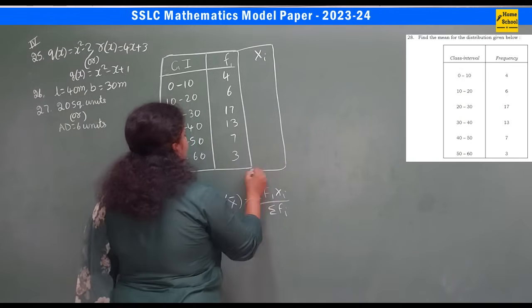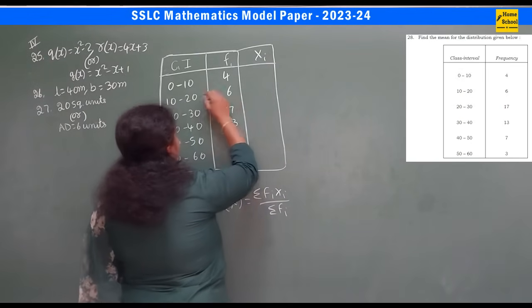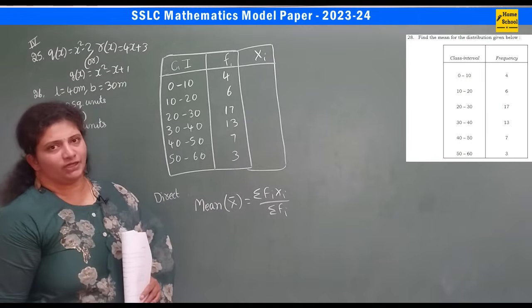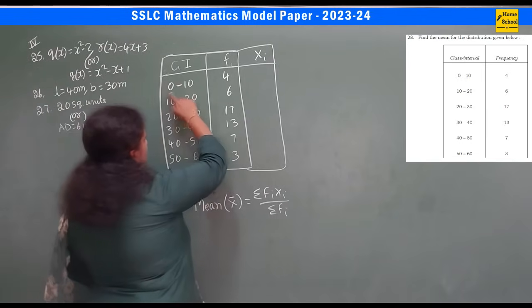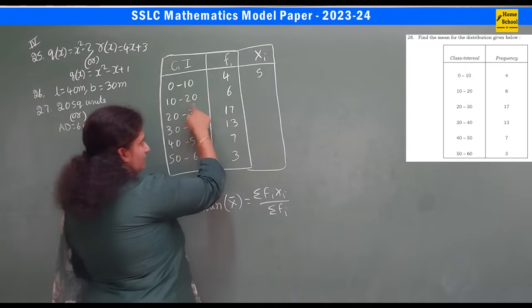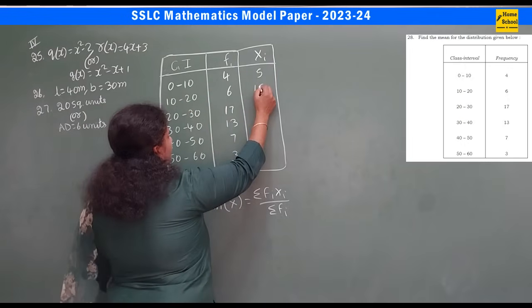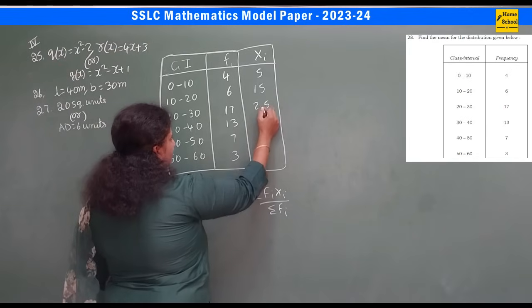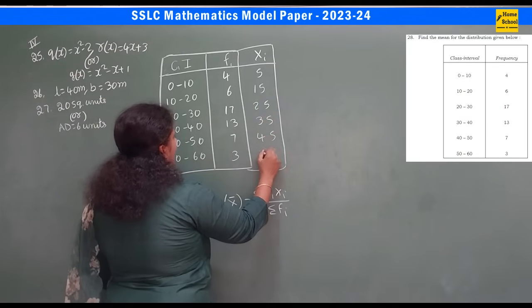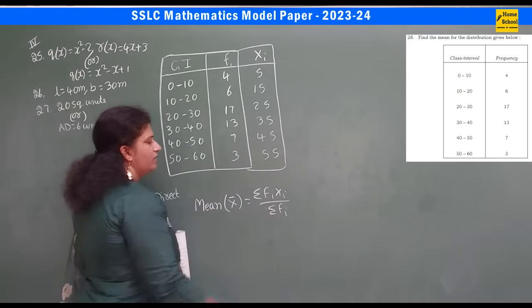Find xi: lower limit plus upper limit by 2 gives the class mark. 0 plus 10 is 10, 10 by 2 is 5. Similarly, you get 15, 25, 35, 45 and 55.